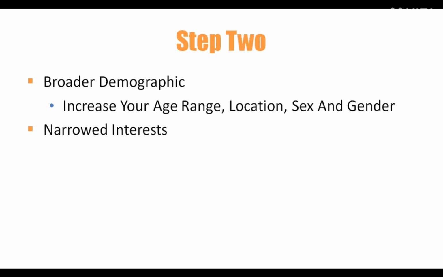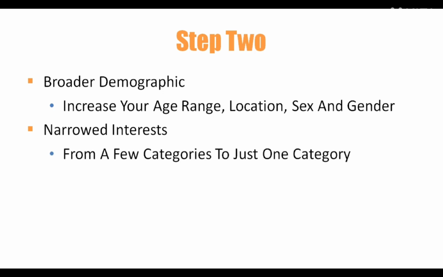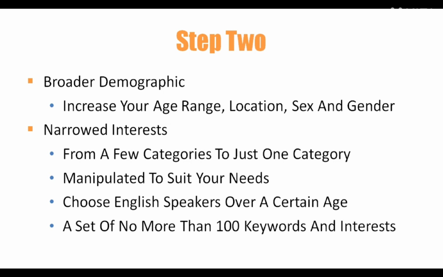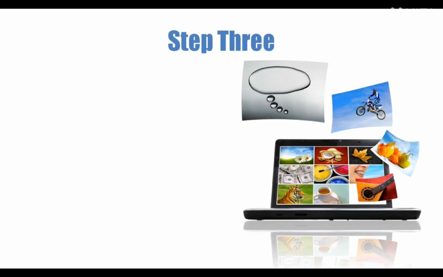Narrowed interest would mean taking your interests down from a few categories to just one category. This method can be manipulated to suit whatever your needs are. You can choose English speakers over a certain age, and then you can choose a set of no more than 100 keywords and interests.